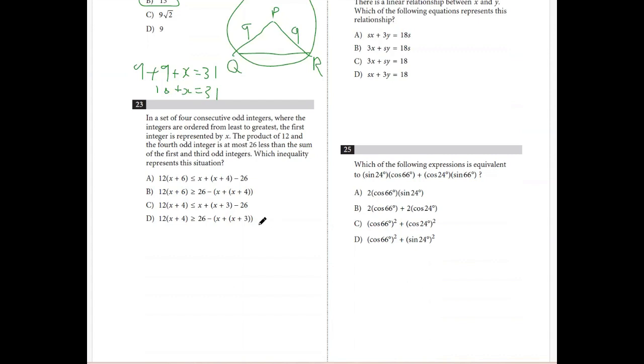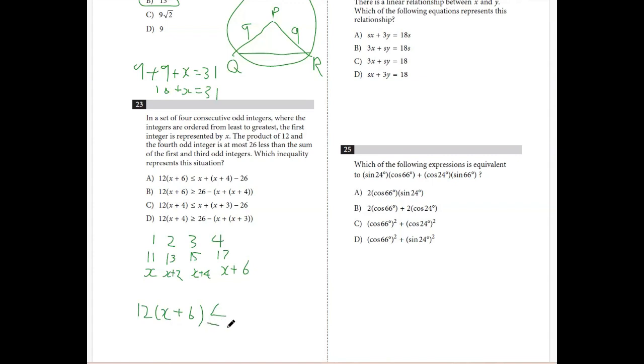So we have, let's say, an odd number. I'm going to just make this up. So x, x plus 2, x plus 4, x plus 6. So the product of 12 and the fourth odd integer is less than the sum. Oh, sorry, it's at most 26 less than the sum of the first and the third.